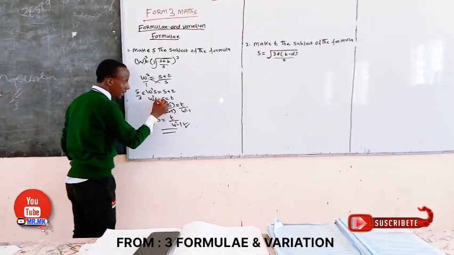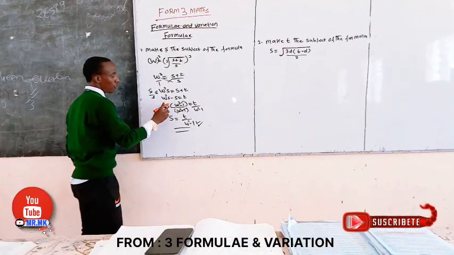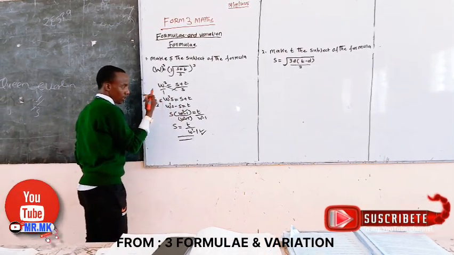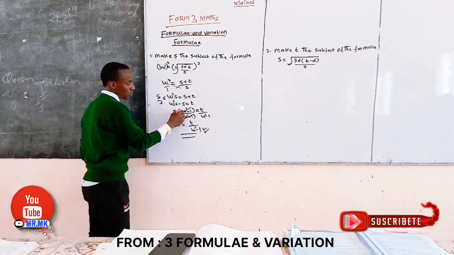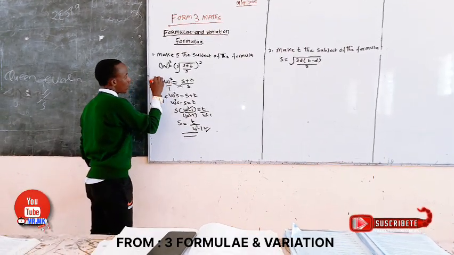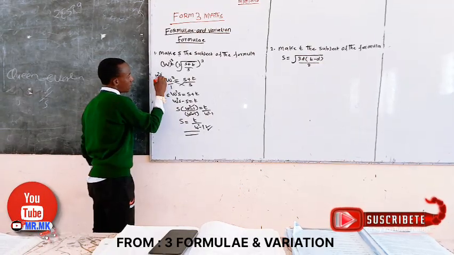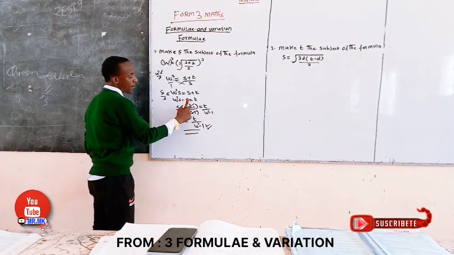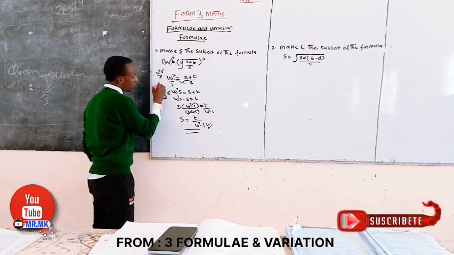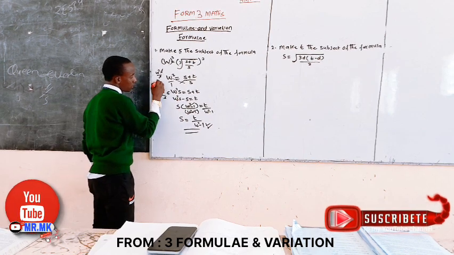W cubed S minus S is equal to T. Now from there, you factor out the S, S into a bracket, and you remain with W cubed minus 1, that we have factored out S.